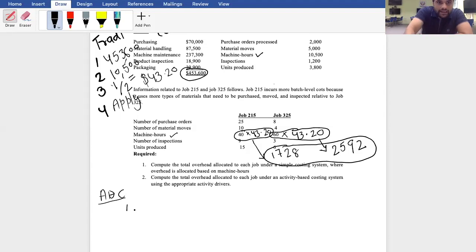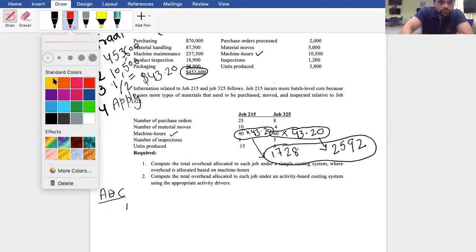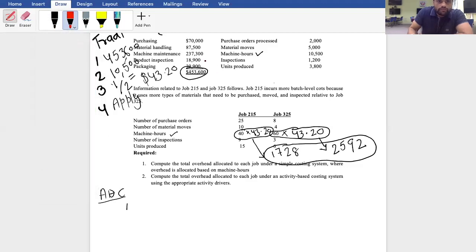So as you can see, we have 5 different activities, all right, which involve purchasing, material handling, machine maintenance, product inspection, and packaging.